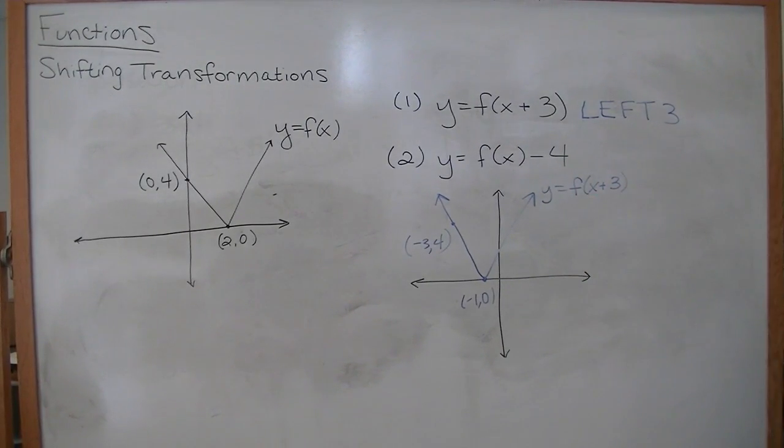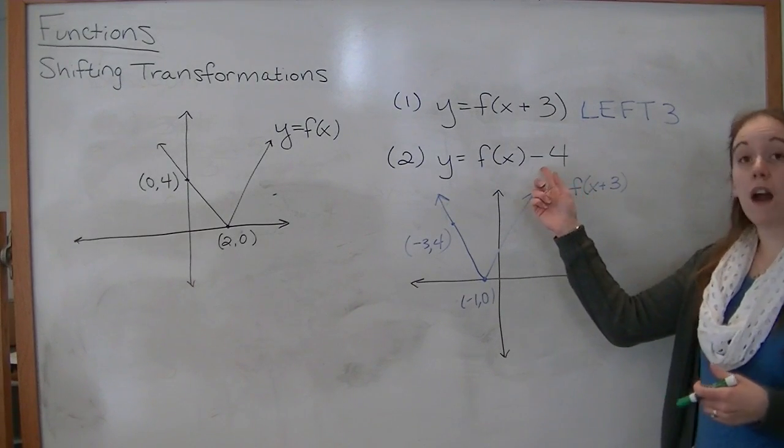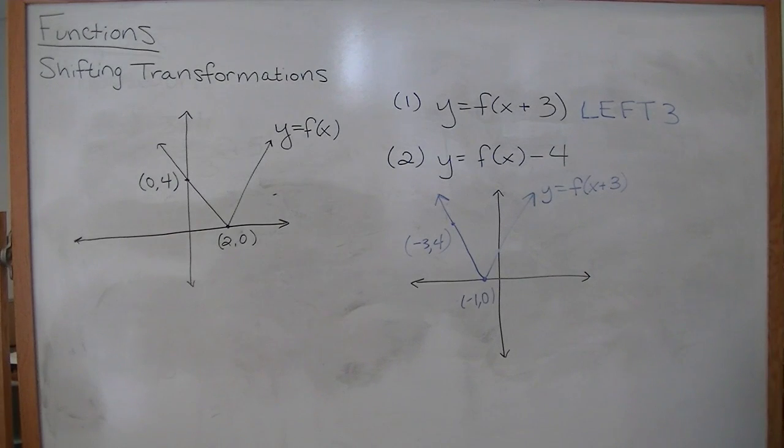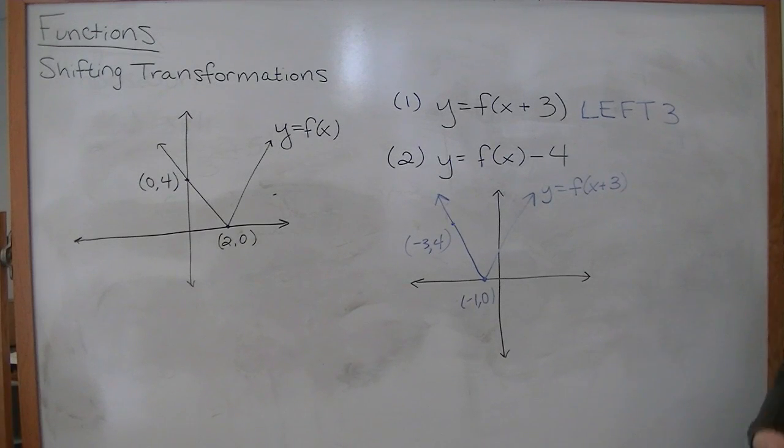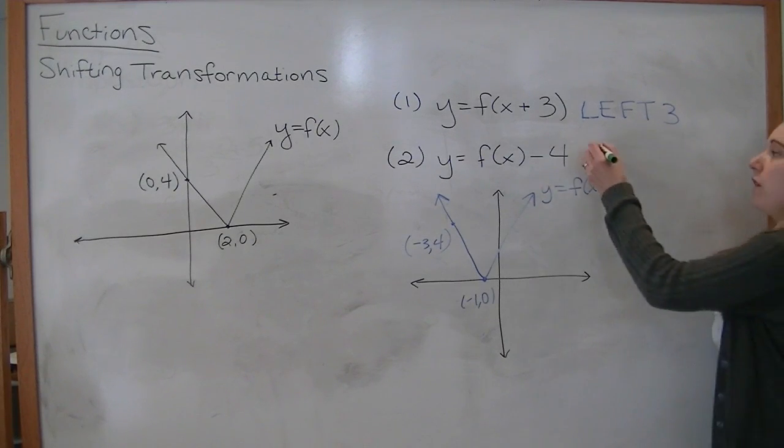Now let's think about the second example. We have f of x minus 4. In this case, we're working with the outputs. We're shifting our outputs because we're not inside the f of x. So the negative 4 intuitively is going to move the whole graph down 4 units.